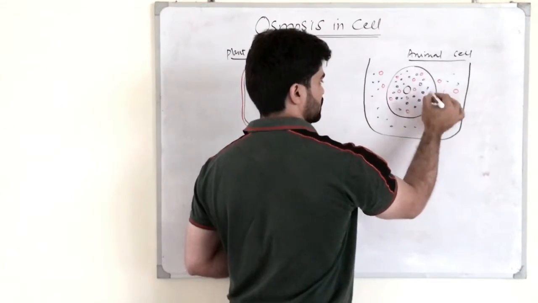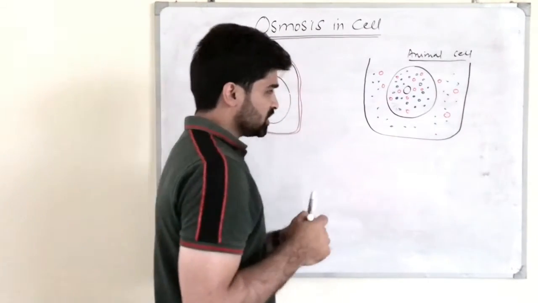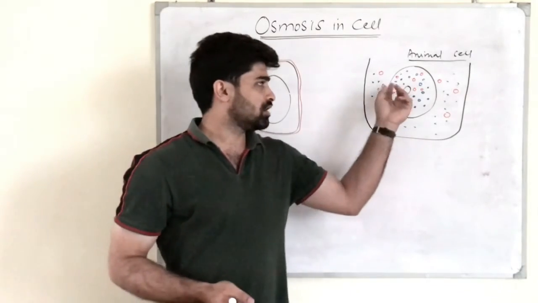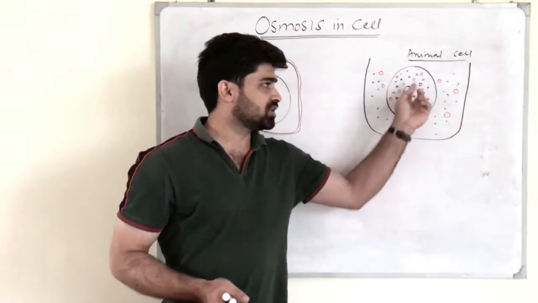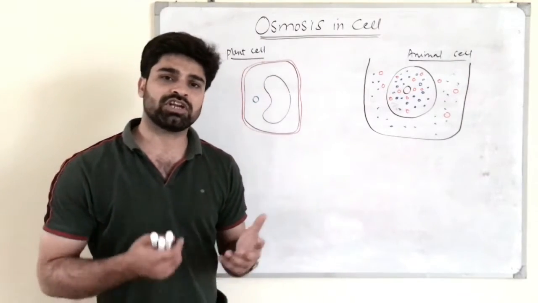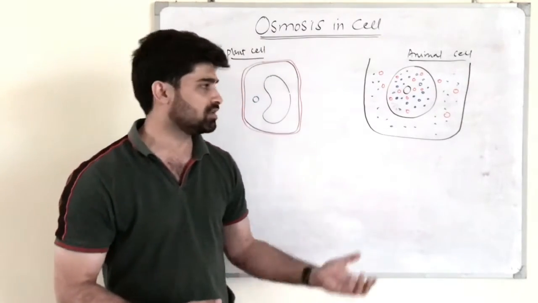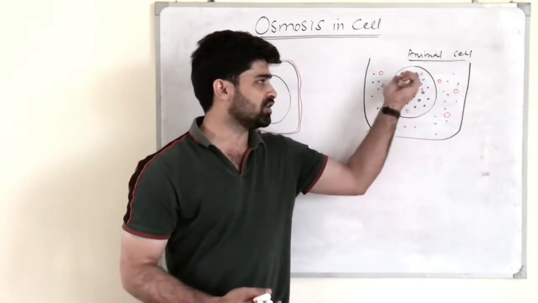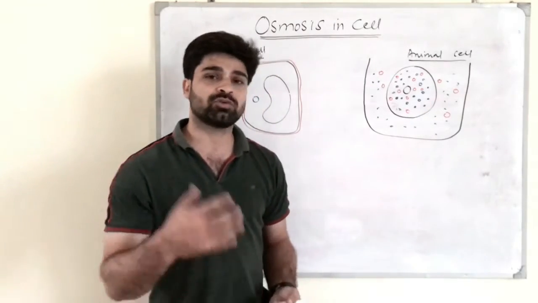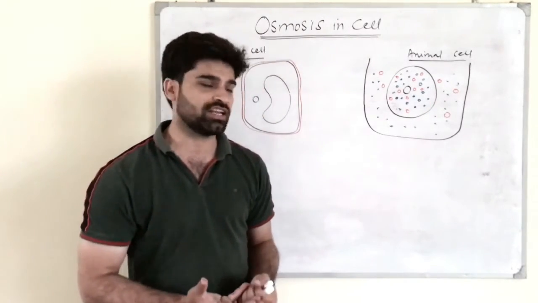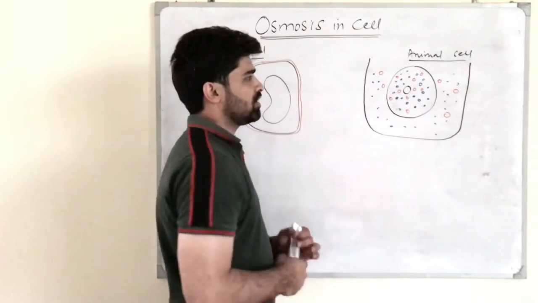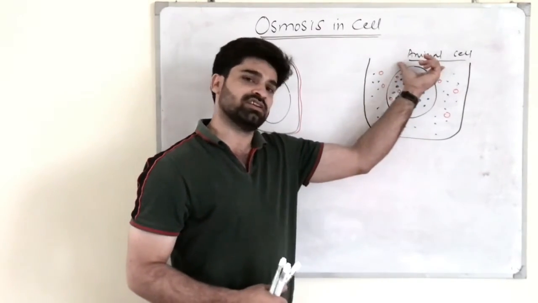Remember students, in an animal cell or the plant cell, the cytoplasm is a watery, living, gel-like material in which all the living parts of the cell are present. Cytoplasm is basically watery in nature, and here you can see the tub in which the animal cell is placed.